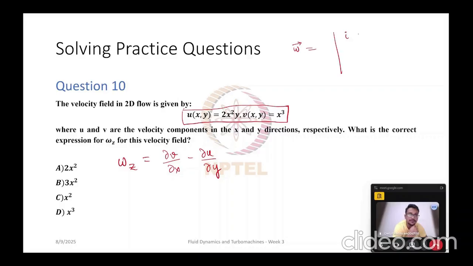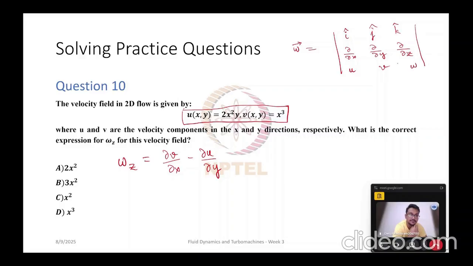You take the determinant of, first of all, i j k, then the derivatives dou dou x, dou dou y, dou dou z, and the velocity components u, v, w.